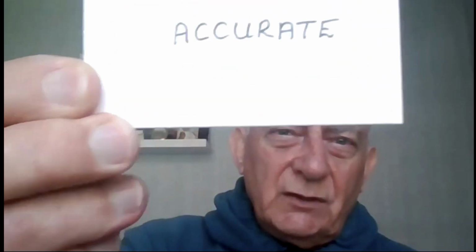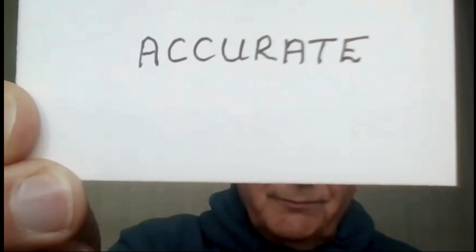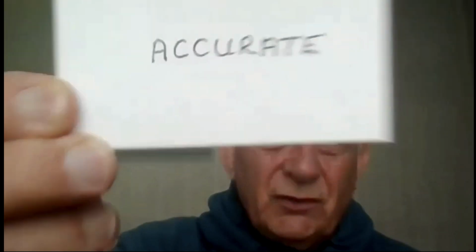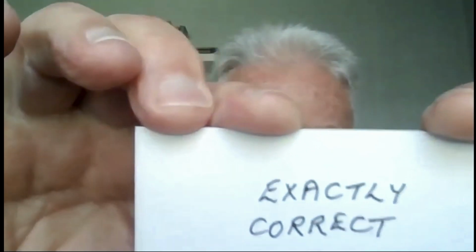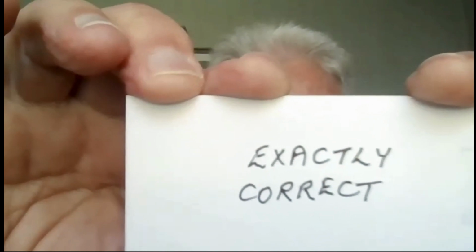So here we're taking the word accurate. What does accurate mean? Well, let's say you don't know the meaning of the word, and so you write the meaning on the back of the card. Exactly correct. That's accurate. That's what the word means.